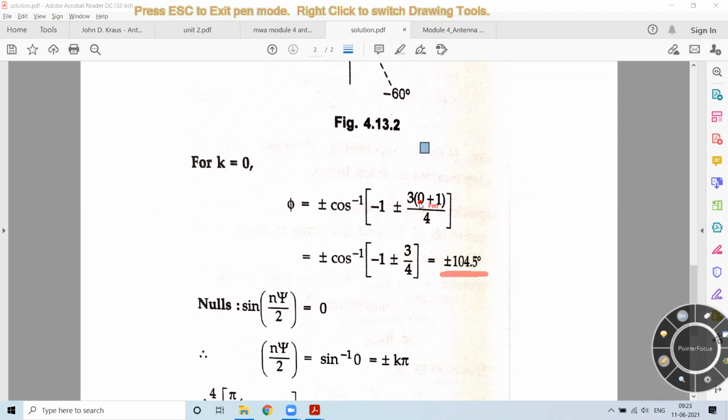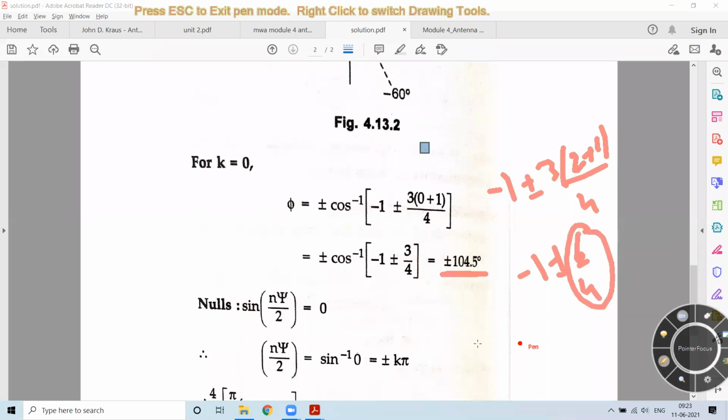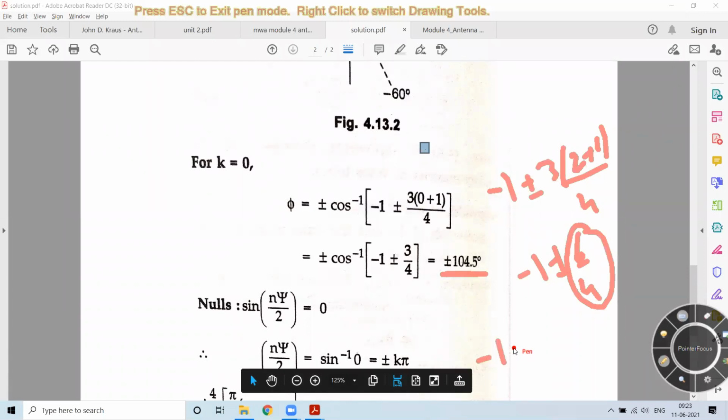When k is equal to 1, we have 2 plus 1, divided by 4. So it will be minus 1 plus minus 6 by 4. If you observe the condition, this is greater than 1, and this is greater than 1. So when I take minus 1 minus 6 by 4, I'll not be able to obtain cos inverse.